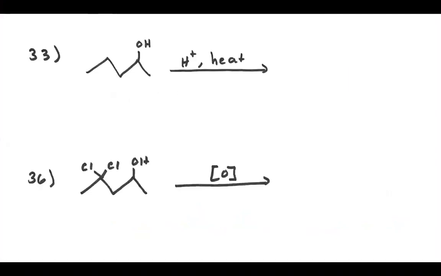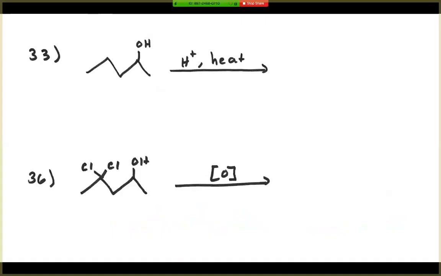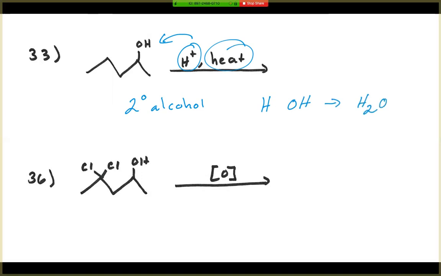All right, so some reactions, right? Again, we're going to have to start recognizing what my reactions are. I have a secondary alcohol, I have an acid catalyst, and I'm applying heat. So usually when you see something like this, heating in the presence of an acid, what that is telling me is, if you look here, an H plus and an OH, if I bring those together, it forms water, right?